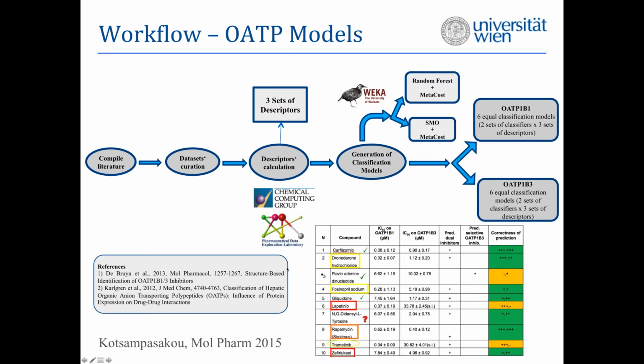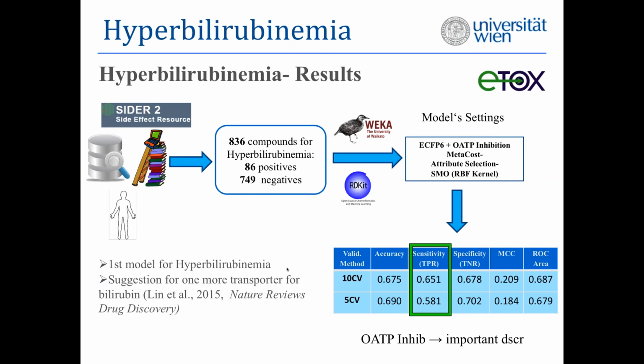And then we used these models and combined them with normal descriptors. So what we are using here is we extract the data set for compounds causing hyperbilirubinemia. Here 86 positives, 750 negatives. We characterize the compounds by chemical descriptors plus their predicted transporter inhibition profiles.